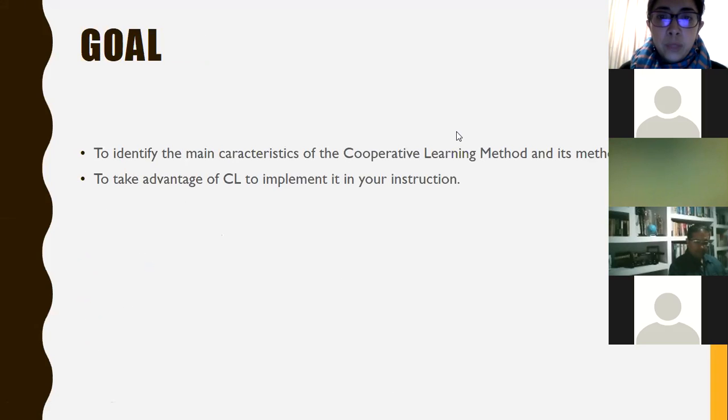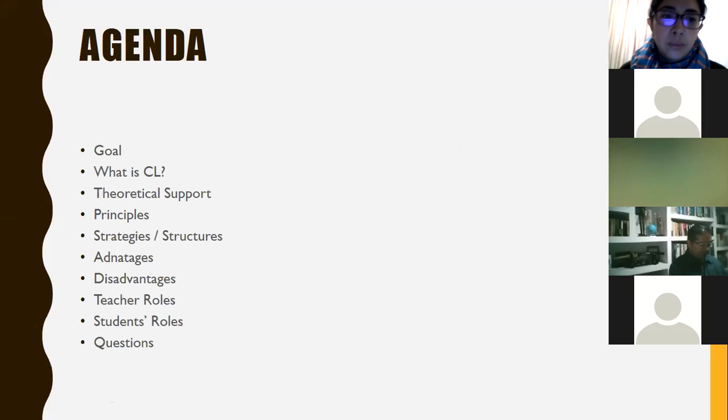The agenda that we have for today is this one. First, we will talk about what is cooperative learning. Then we will see a little bit about theoretical support, its principles, strategies, structures, advantages. Sorry, there is another mistake here. Disadvantages, the teacher roles, the student roles, and finally we will have some time for questions.